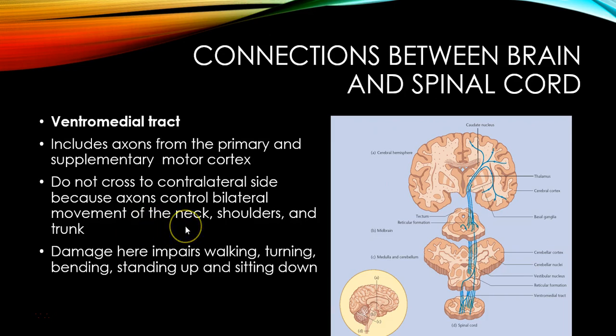Think about movements of your neck: you can't move one side of your neck without moving the other. Or your shoulders: if you move one, the other goes in the other direction. And the trunk of your body, right? Twisting your trunk, you can't move one side without the other. So this is not contralateral, it's what we call ipsilateral, staying on the same side. Damage here impairs walking, turning, bending, standing up, etc.